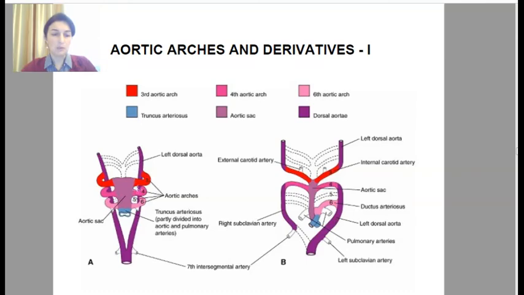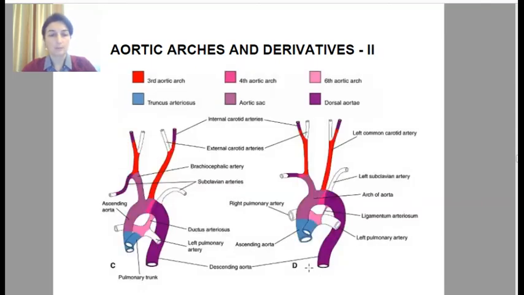And the dorsal aorta, as we see here, the region of it between the third and fourth pharyngeal aortic arch will disappear, and its cranial portion persists as a continuation of the carotid arteries, and the lower portion persists at the right subclavian, and on the left side it will be the aorta. So that is the dorsal aorta that will persist and will go downward.